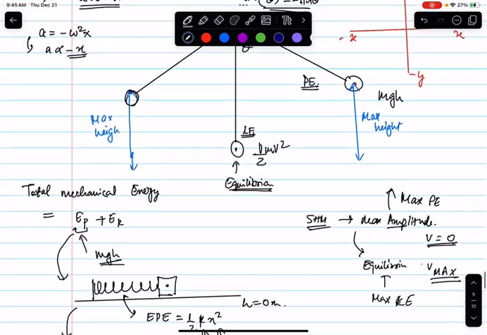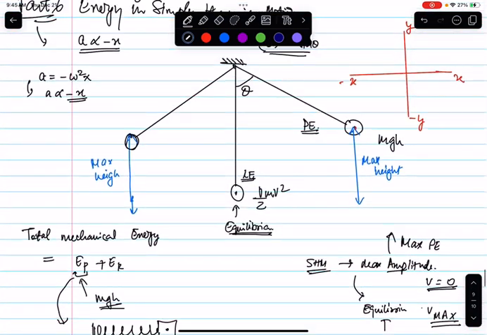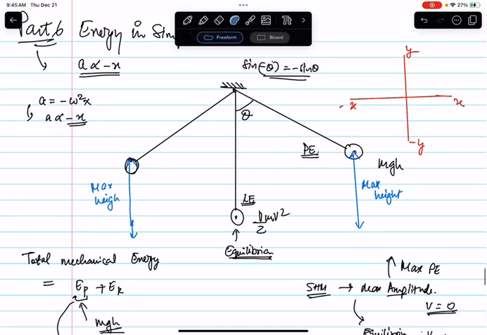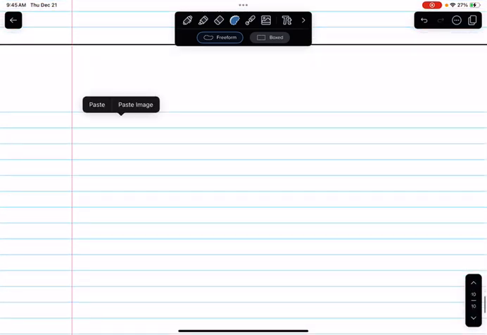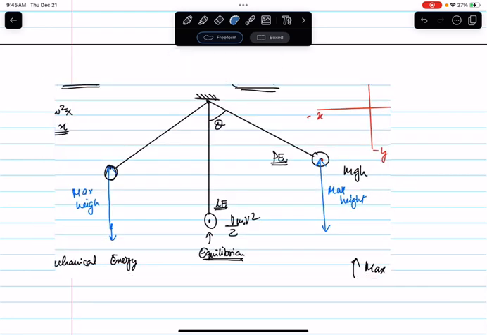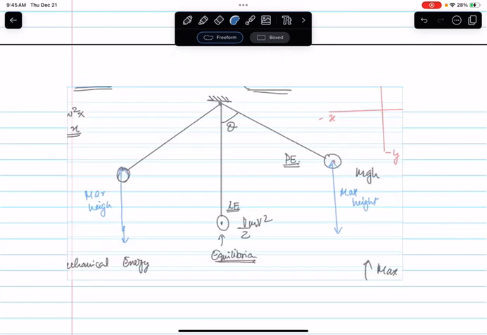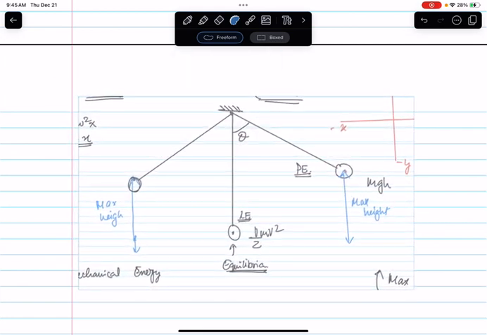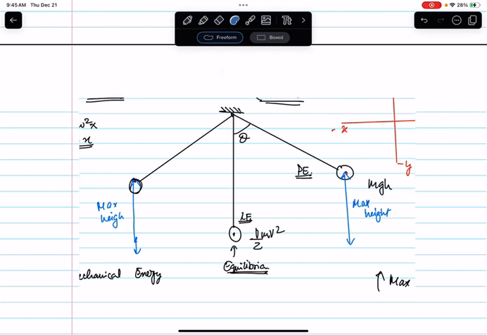Now, after this, there's a pretty important graph where we look at the energy in simple harmonic motion. I think it's best to visualize this graph by looking at the pendulum, right? So let's make another diagram over here. Okay. So let's say we get this pendulum, and once again we look at the pendulum bob, right?